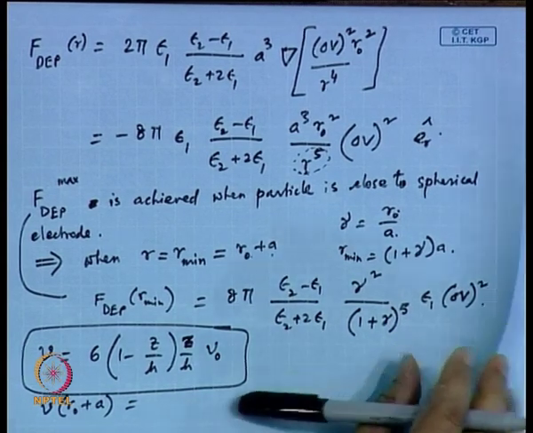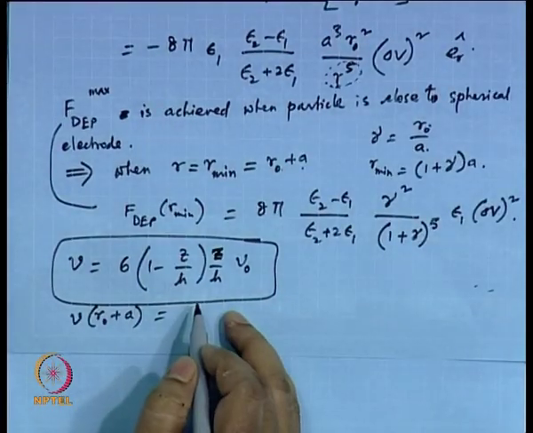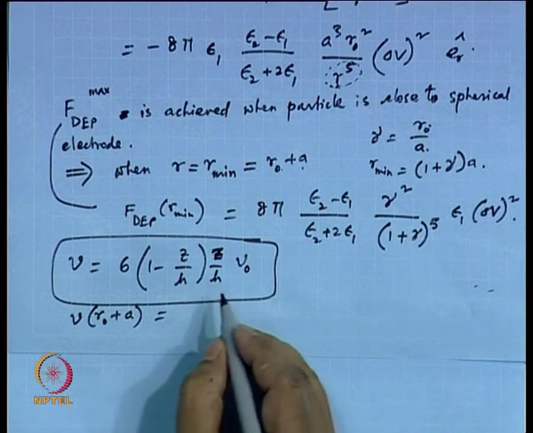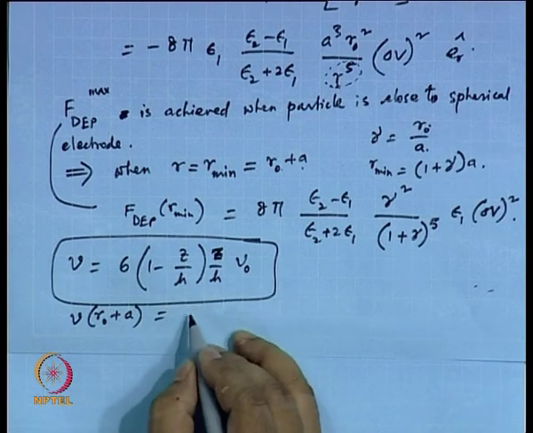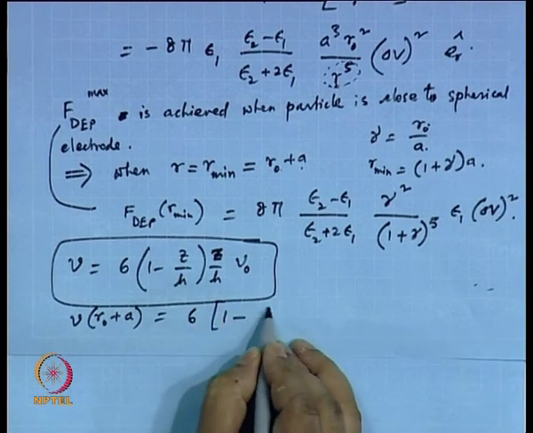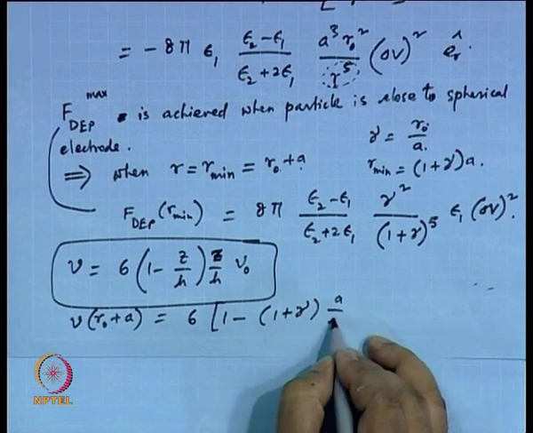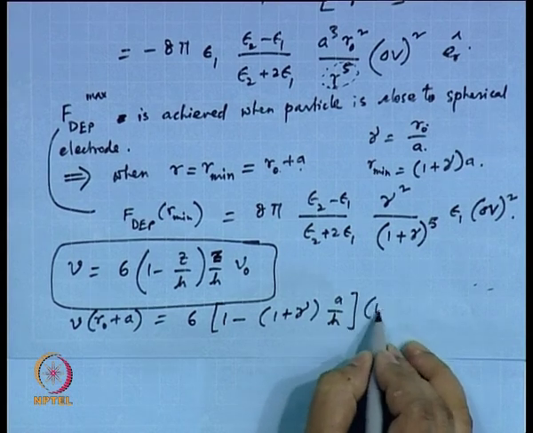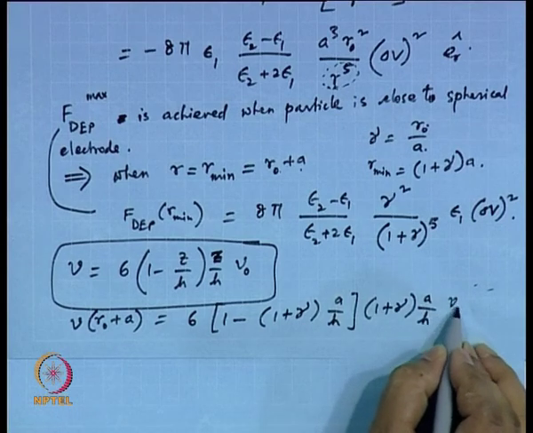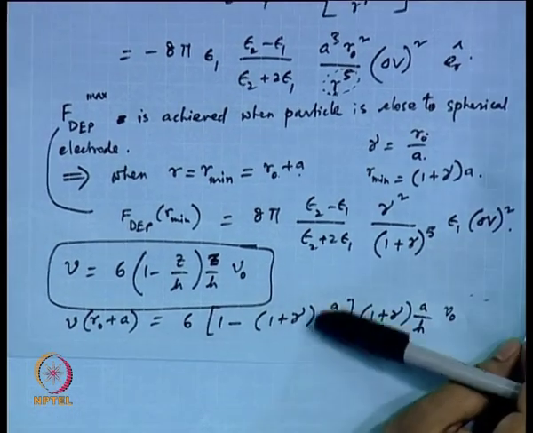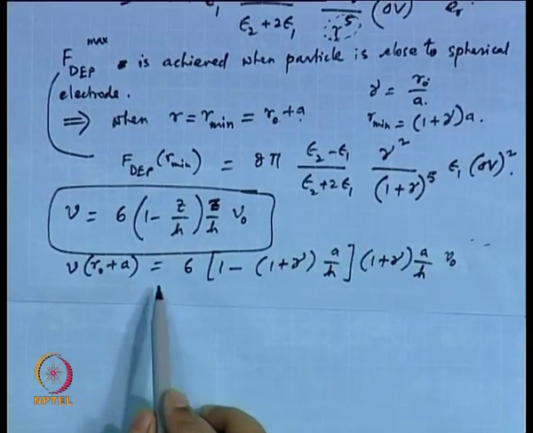With this expression, if we try to find out the velocity at r min and simplify this further, you should get 6 into 1 minus 1 plus gamma into a by h, into 1 plus gamma a by h, into v naught. This is the expression that you get at r 0 plus a.